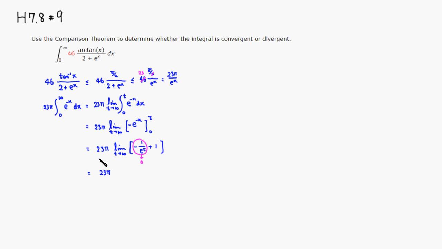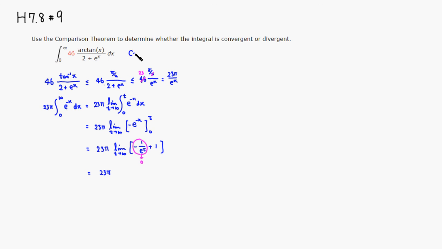We can see that the larger function's improper integral converged, which means that the original function is actually even smaller. So therefore, we know that this original improper integral is going to converge.